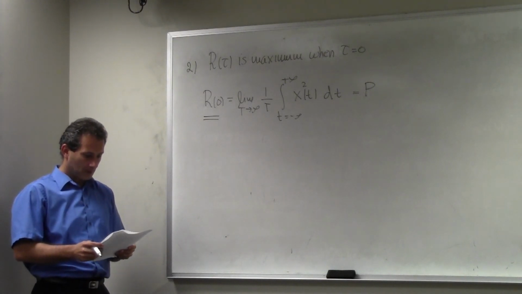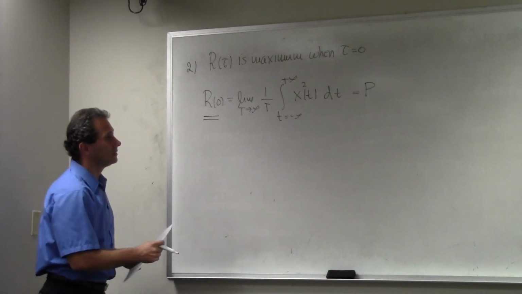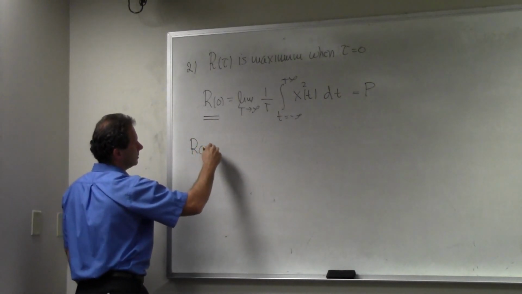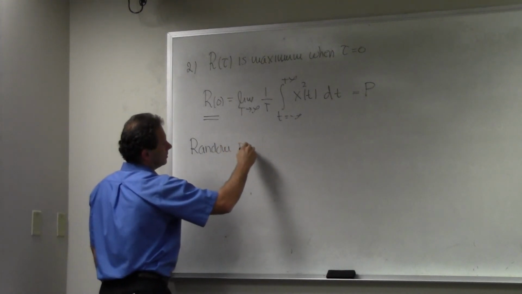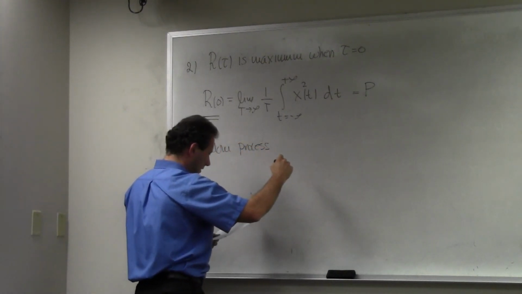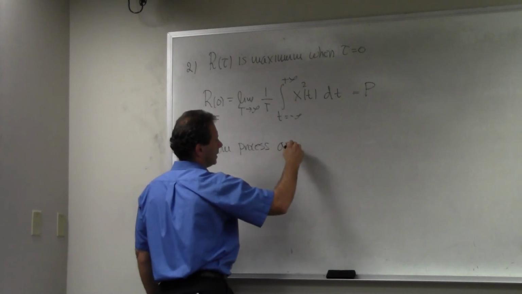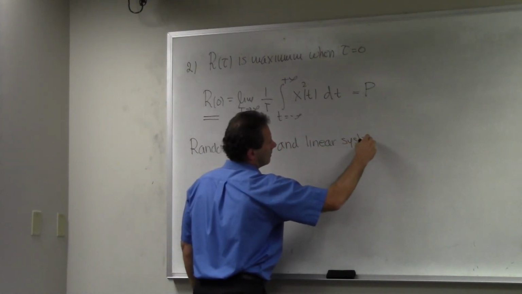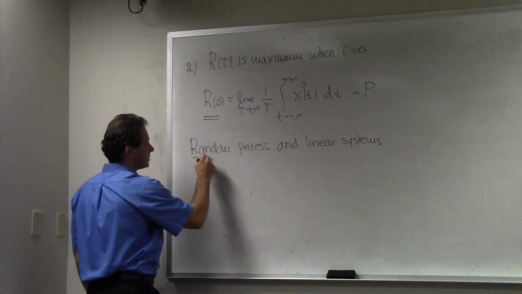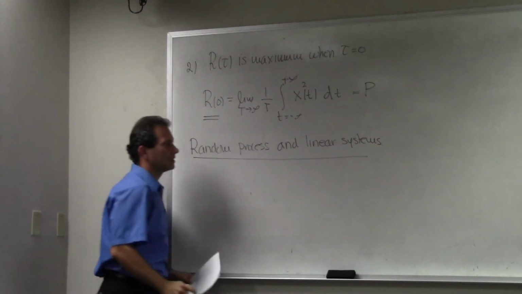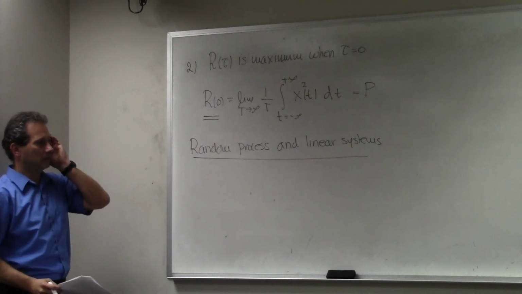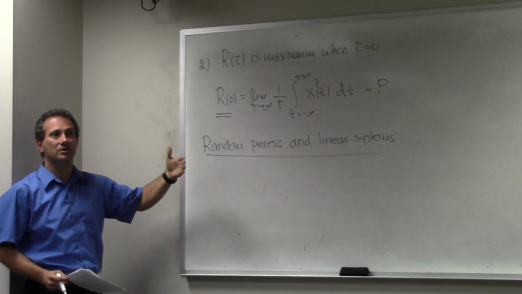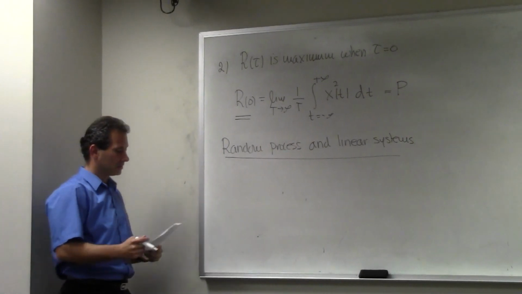Let's look at a couple of other important results. So, random processes and linear systems. This is the central thing that we need to understand. This is what our course is all about. We're going to have random processes traveling through some linear systems.